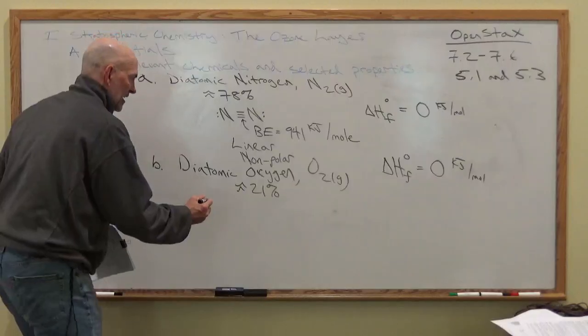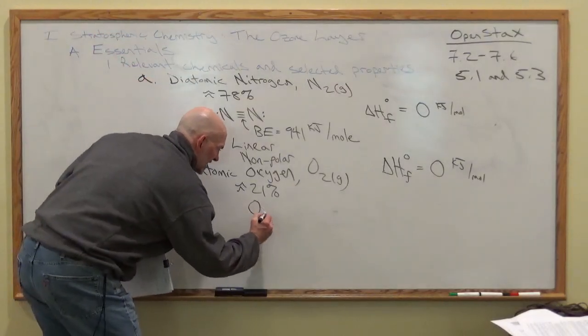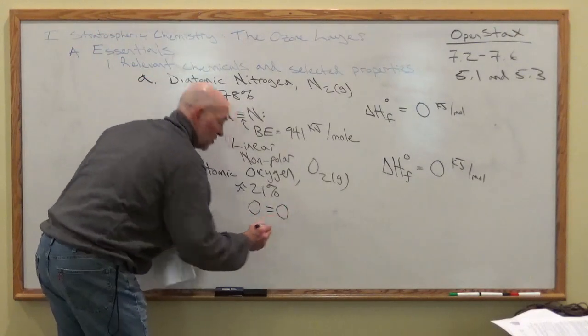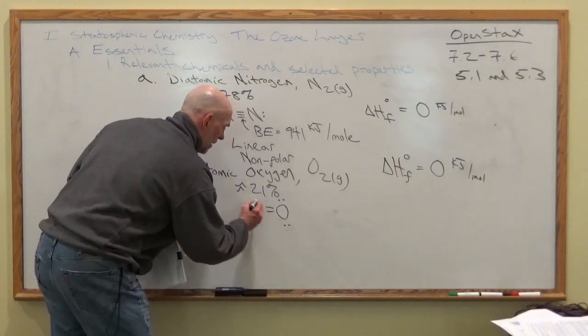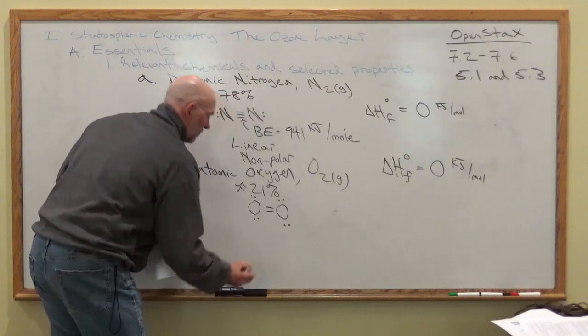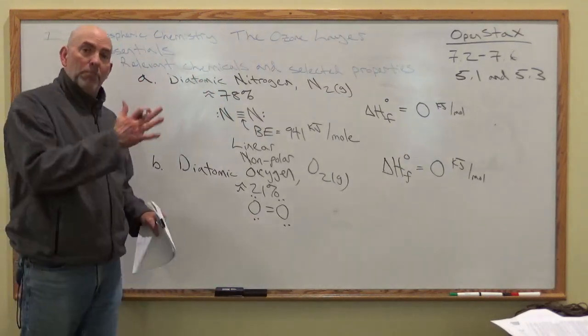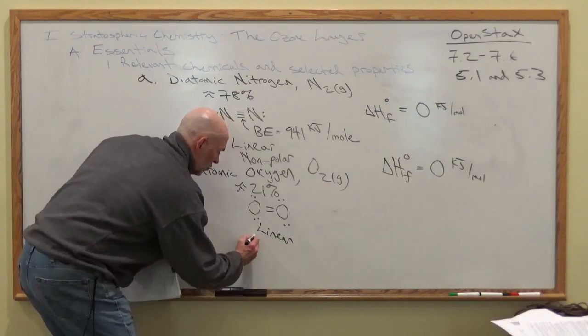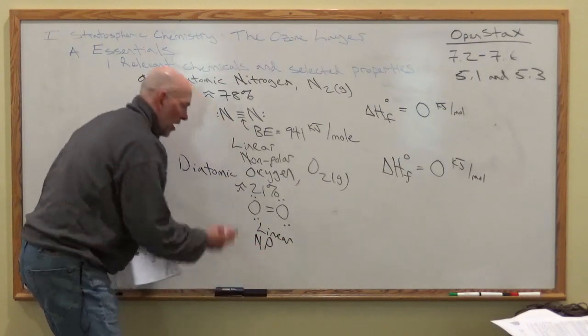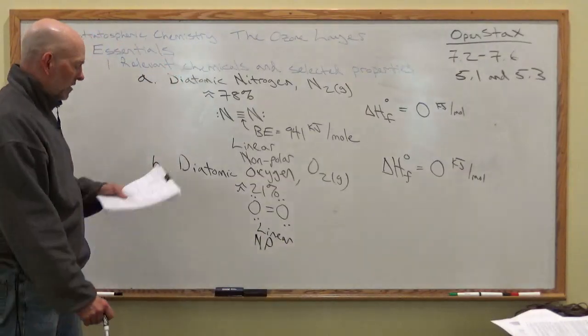And oxygen is not a triple bond, it's a double covalent bond with 2 pairs of non-bonding electrons on both oxygens. This is also a linear molecule. This is also a non-polar molecule.